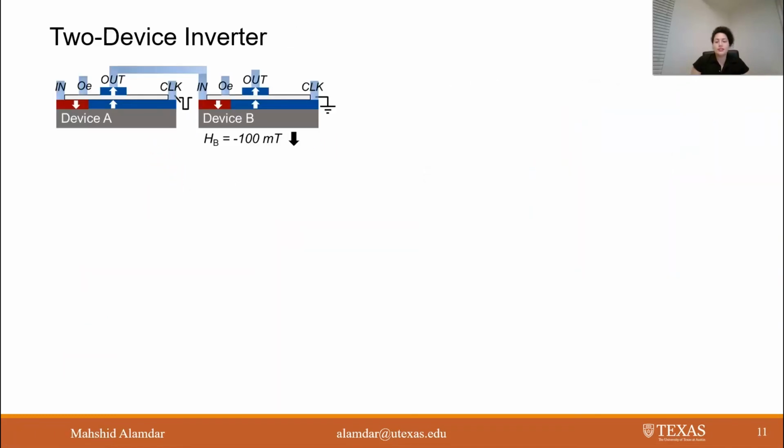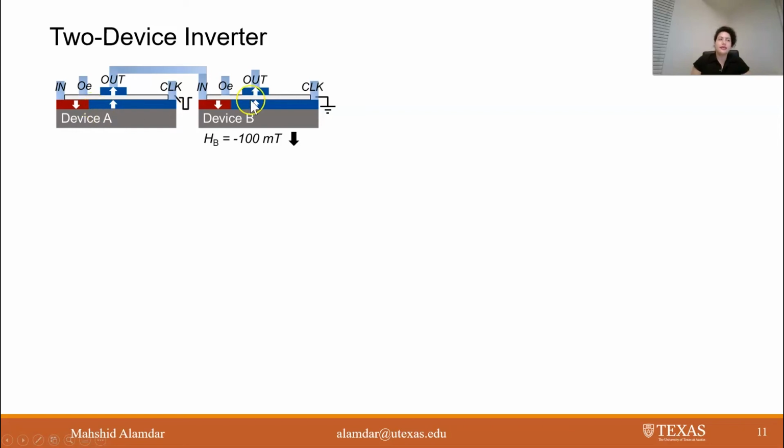Next, a 2-device circuit is set up by wire bonding the output of device A to the input of device B. After initializing the domain wall by sending the pulse through the Ørsted line, both devices are in the parallel state with domain walls nucleated.